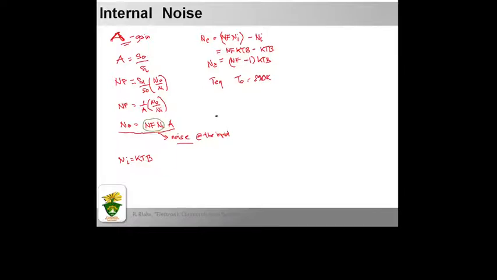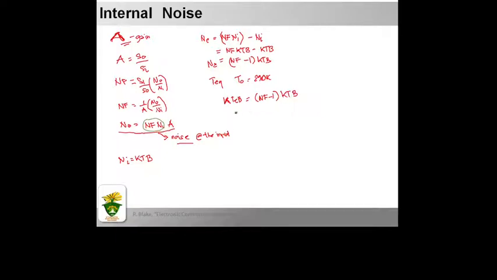So therefore, we have K T equivalent B is equal to NF minus 1 times KTB.